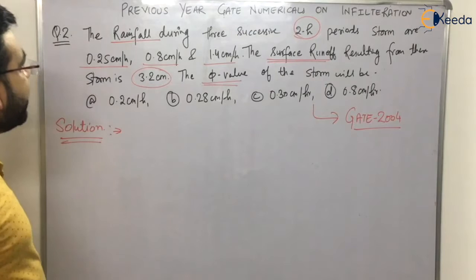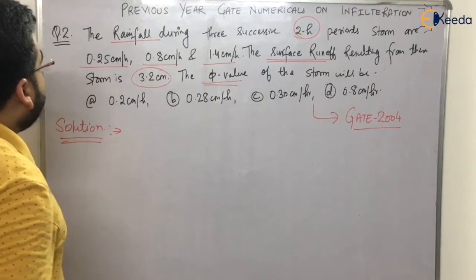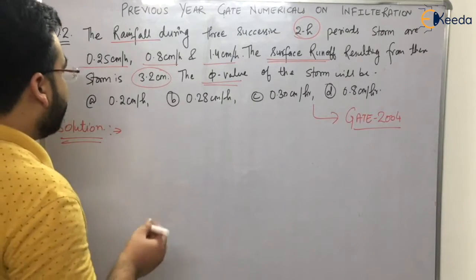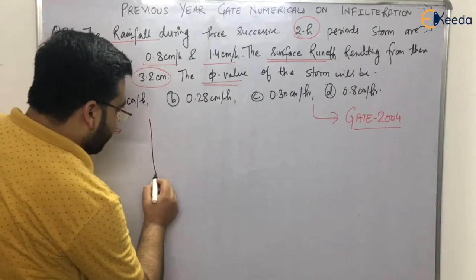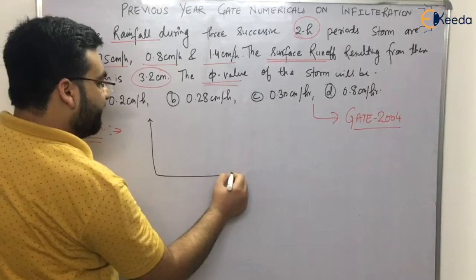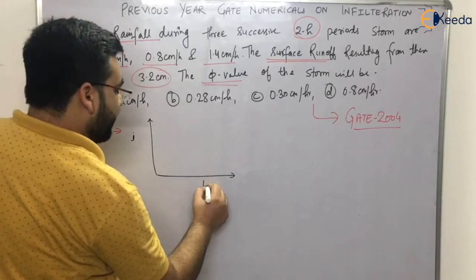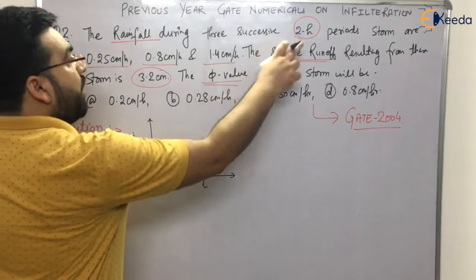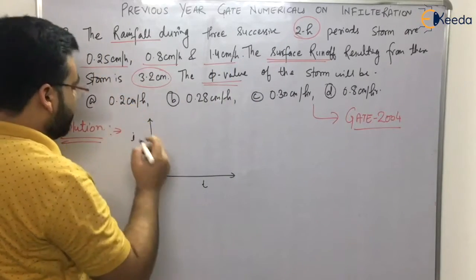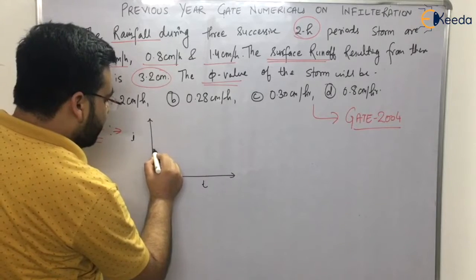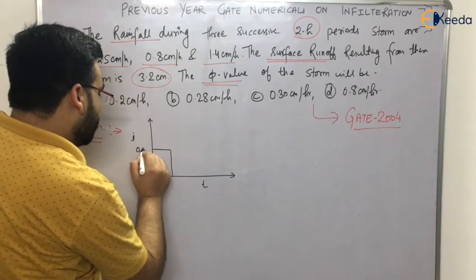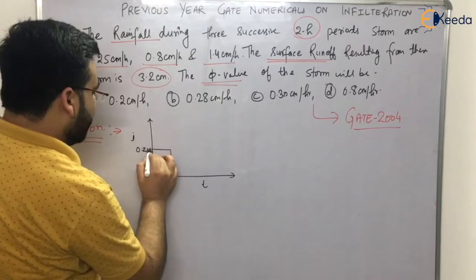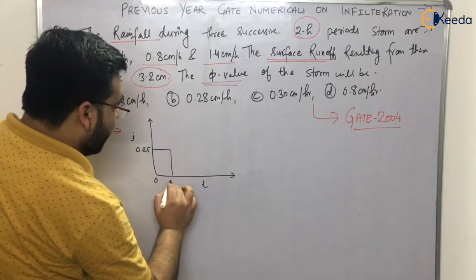Very straightforward numerical. Now, first of all, to make you understand how to solve this numerical, let me draw the hyetograph, right? So this is the rainfall intensity, and this is your time t. For first 2 hours, it is 0.25 centimeter, right? This is 0 hour, this is 2 hours.